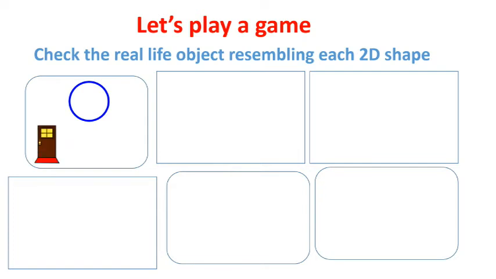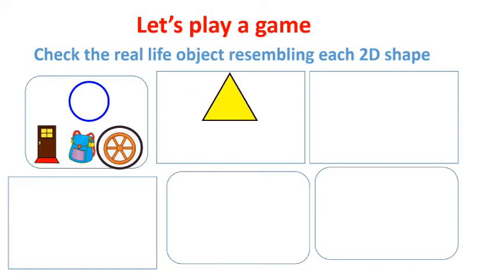It resembles a door, bag or a wheel. Which one is a real life object a circle resembles? Yes, well done. It resembles a wheel.